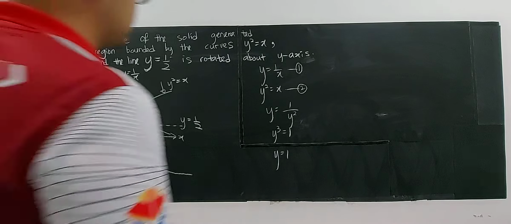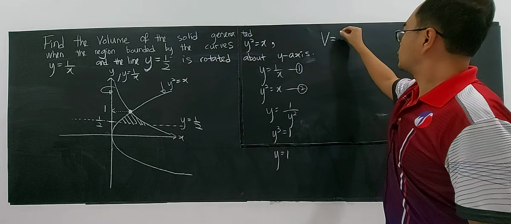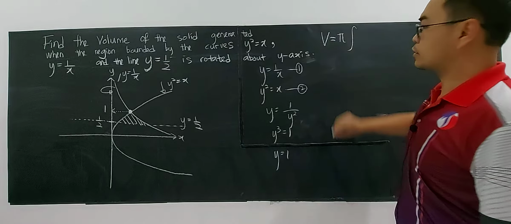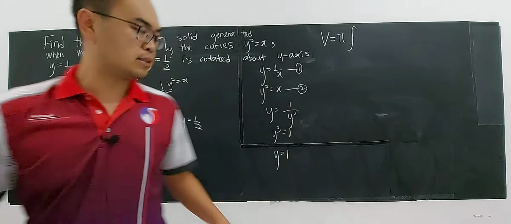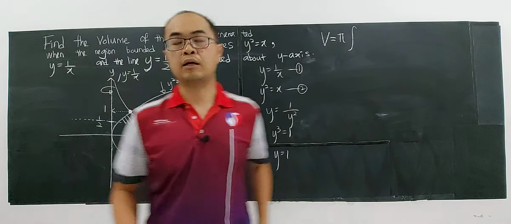Specifically, I want to talk about how to rotate this region. We must define the volume, right? The volume is pi times the integral from 1 over 2 up to 1, as this region you want to rotate about the y-axis is from 1 over 2 up to 1.